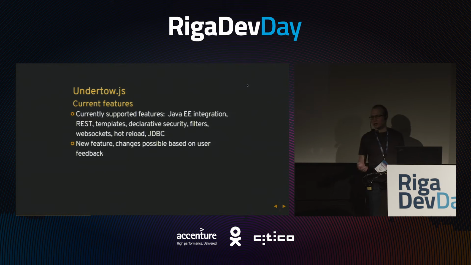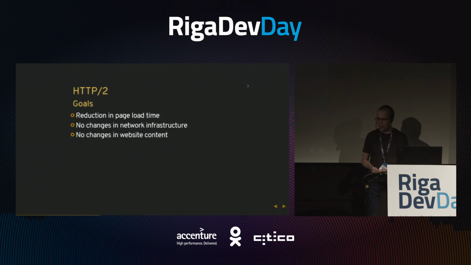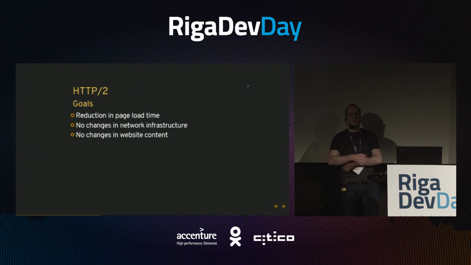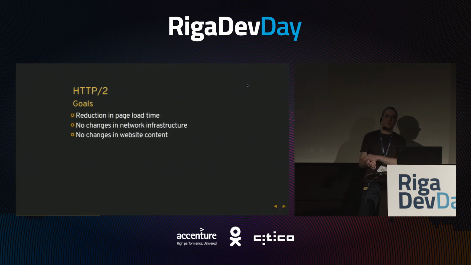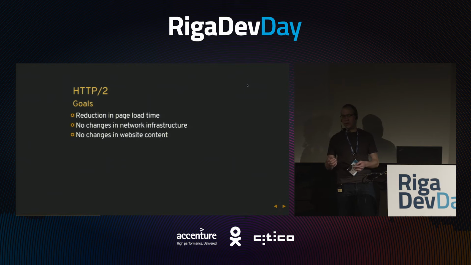Another thing that I would like to talk about is HTTP2. Basically, you will probably know there is a new HTTP protocol, and just to say a few words about it, you are basically able to achieve an improvement in page load time in a transparent way. By transparent way, I mean that the protocol makes no changes to the network infrastructure, so it obviously runs on TCP.